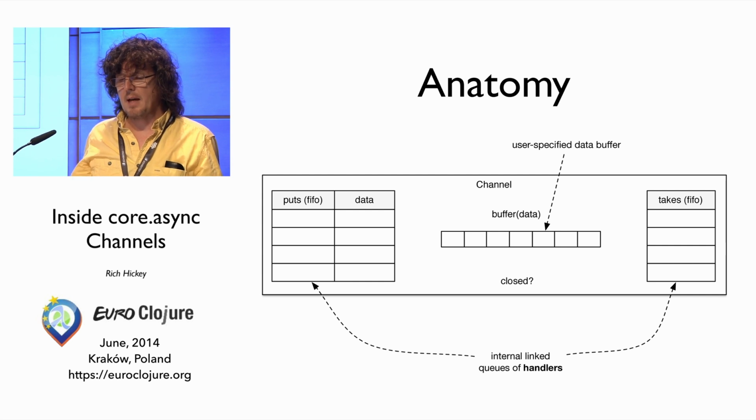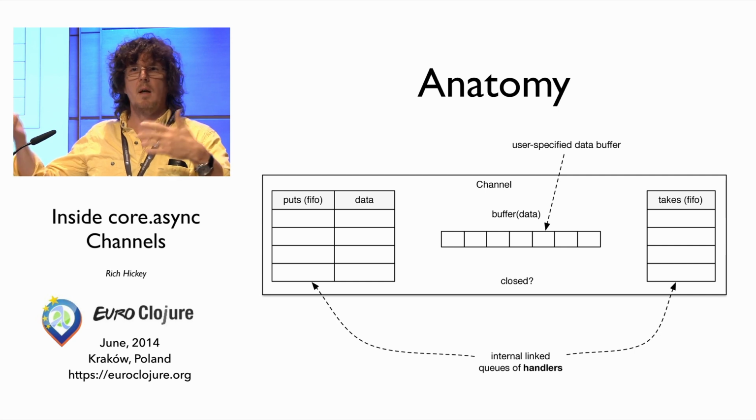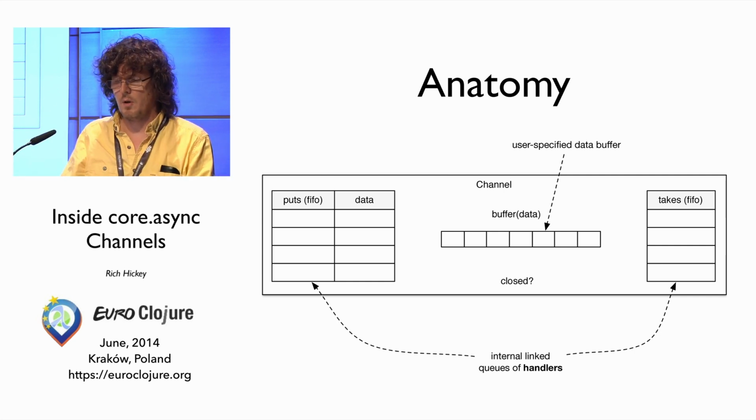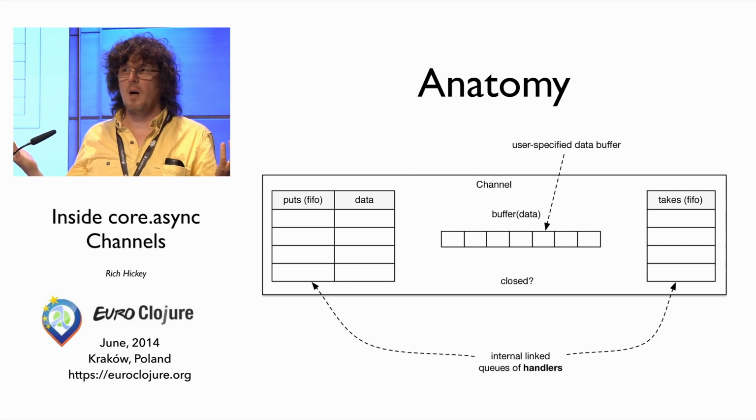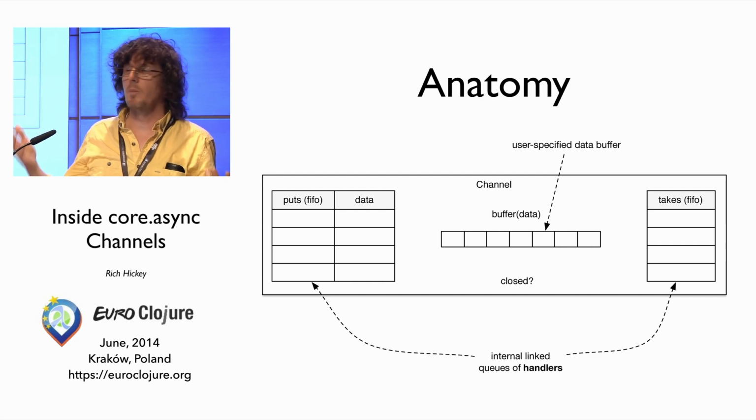But if you think about the fact that the way channels work is with synchrony, right? So by default, there's no buffer, and a reader has to wait for a writer, or a writer has to wait for a reader, and then there's this synchronous flow of control. That means that they have to wait somewhere. And in particular, when you have multiple readers and multiple writers, they have to wait somewhere.